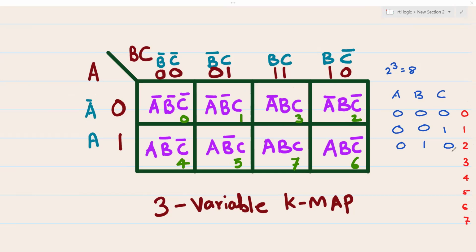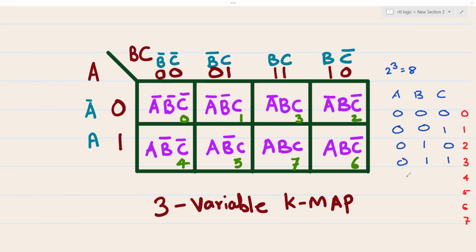Total 8 combinations. So now it's our time to see what is the logic combination of ABC for the number 3. So where is the cell where number 3 is present? So it is right over here. For 3, you can see that the combination should be 0, 1, 1. And that is how I can write here 0, 1, 1.